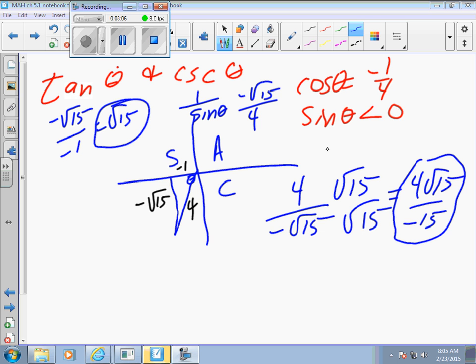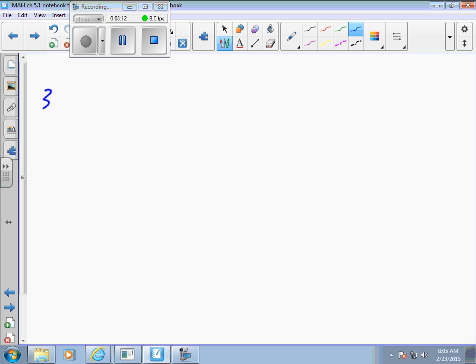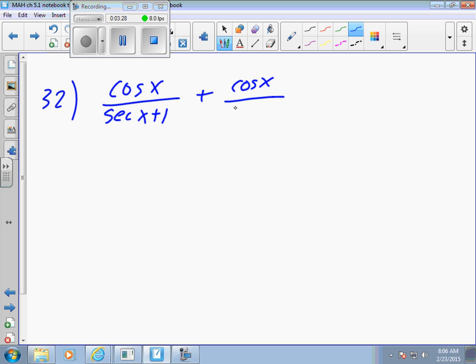Now let's take a look at question 32. 32 says the cosine of x over the secant of x plus 1 plus the cosine x over the secant squared minus 1.